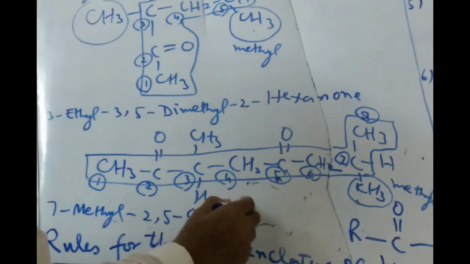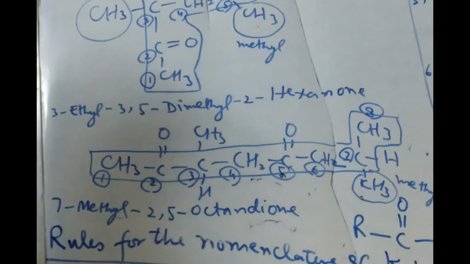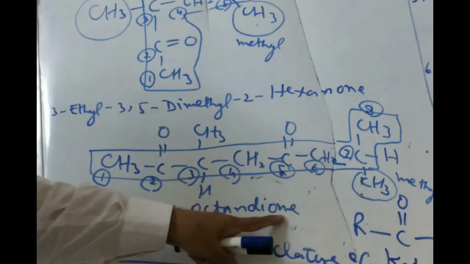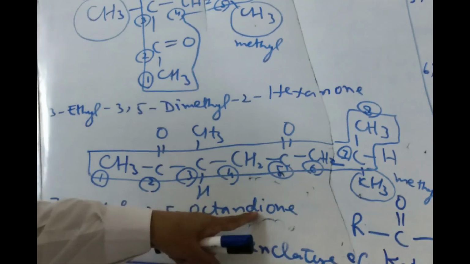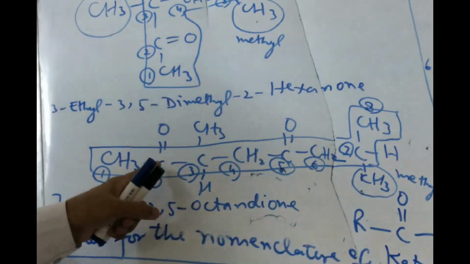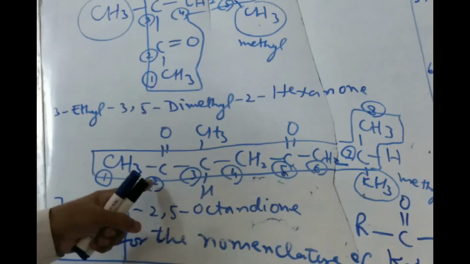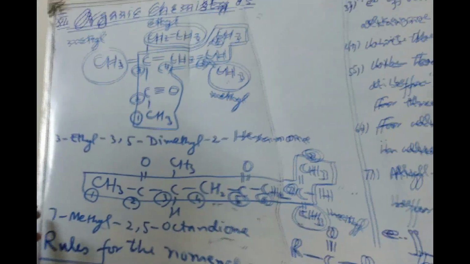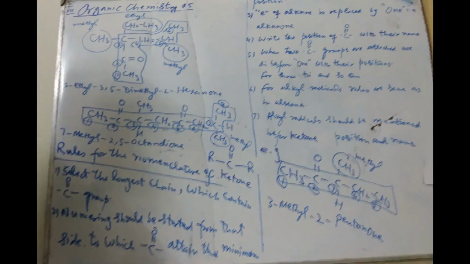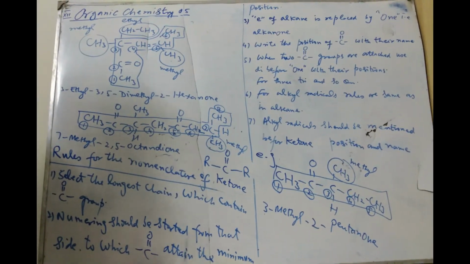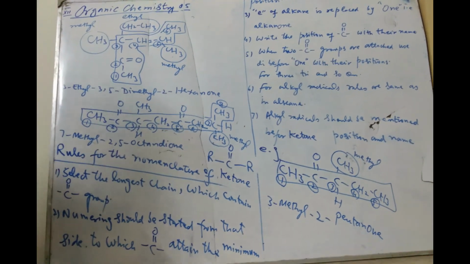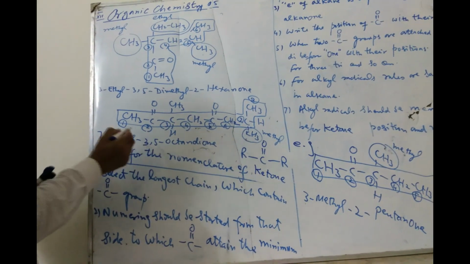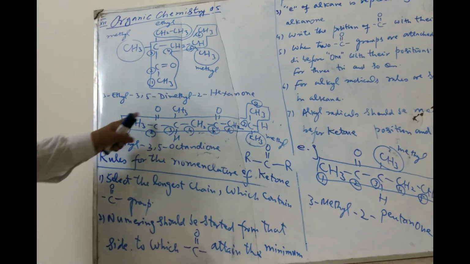Then octane dione. Basically, dione means ONE functional group, and they are 2 in number, so we must write di. In this case, 2 represents the position of this CO group. 5 represents the position of the second functional group CO, that is the ketone. So the IUPAC name is 7-ethyl-2,5-octane dione.